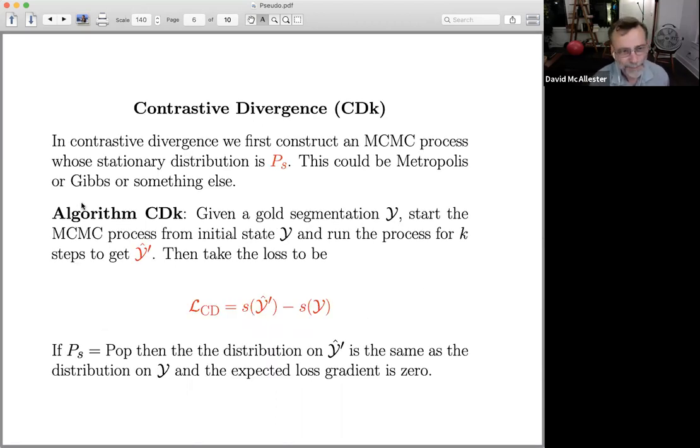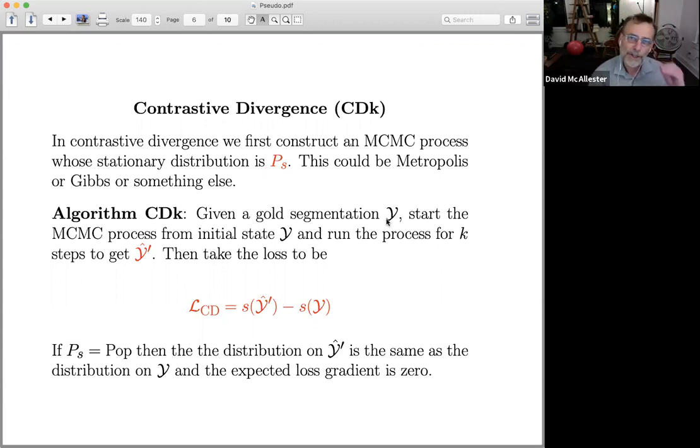Okay, contrastive divergence. So in contrastive divergence, we look at MCMC sampling, and we think of MCMC sampling as a way of getting a sample from the model's distribution. But instead of starting from an arbitrary point and running MCMC to its stationary distribution, we're going to say, well, look, the gold standard Y in our data or in our population is drawn from the distribution we want.